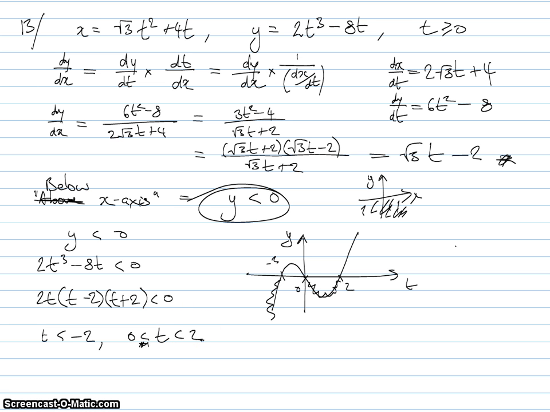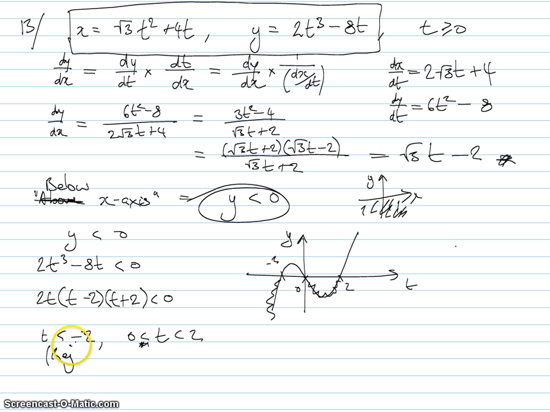So the last thing we're asked to do is find the area for this curve between, so this one will be rejected. So it asks us to find the area between this curve and the x-axis for these values of t.